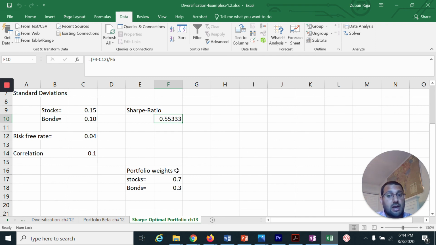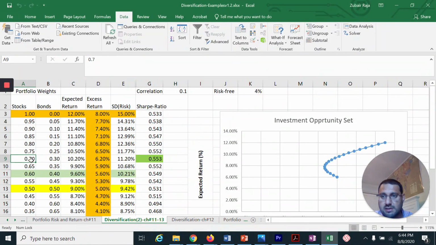With this portfolio weight, I'll have a Sharpe-optimal portfolio. This is the same 70% and 30% I have shown you earlier, with 0.553.